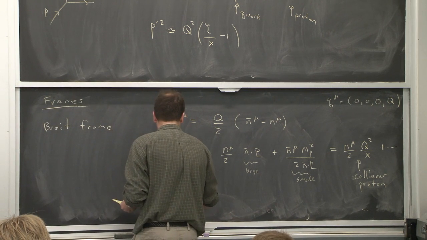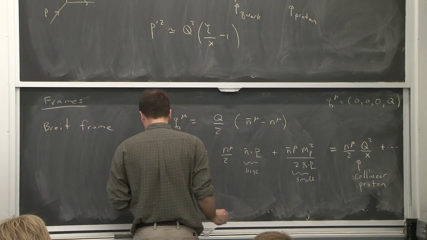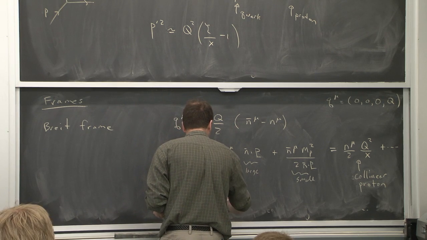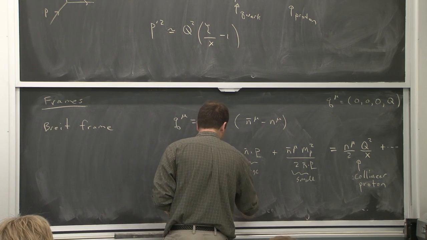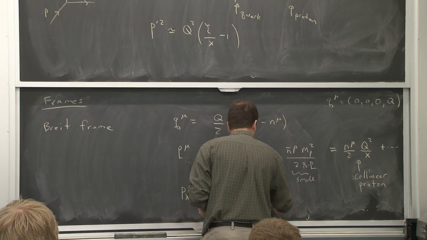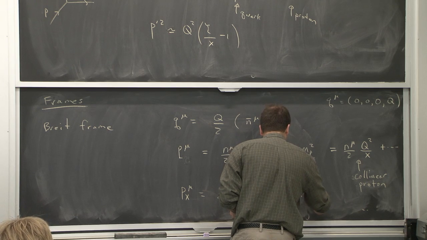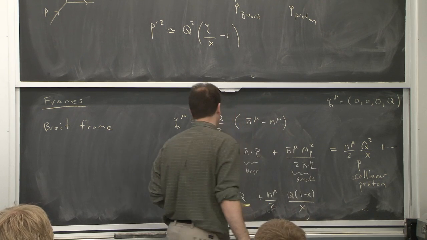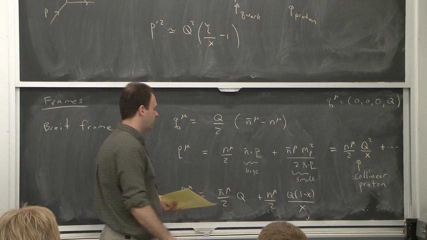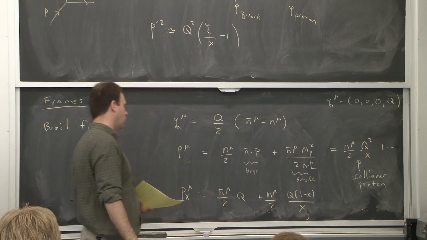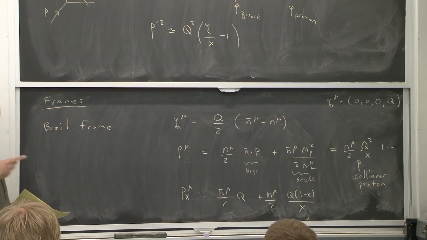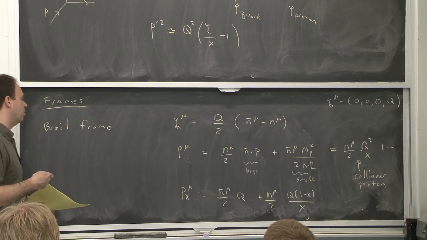And if we look at p_X, and we decompose p_X in terms of these coordinates, again I'm not going through the details, then we get this. As long as this factor (1-x)/x is of order 1, you see that there's a large component in n and a large component in n-bar.